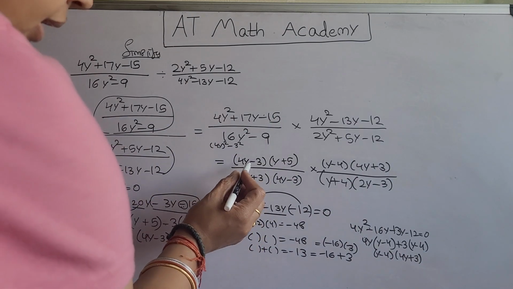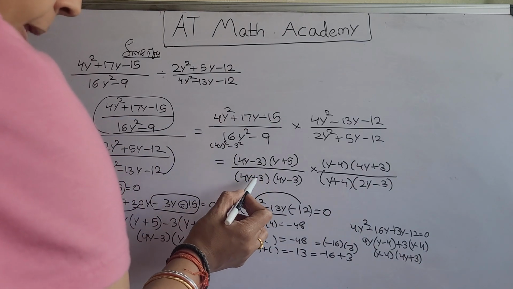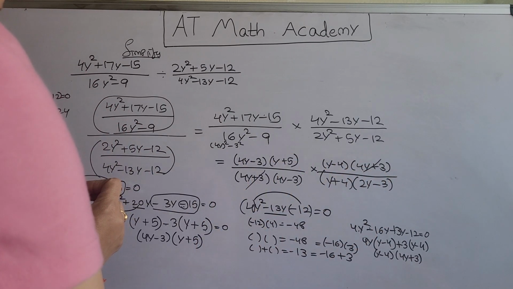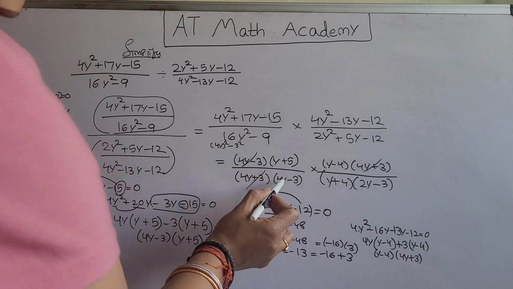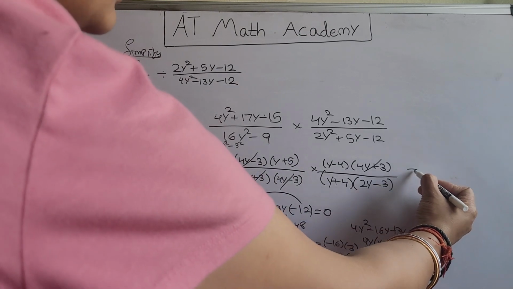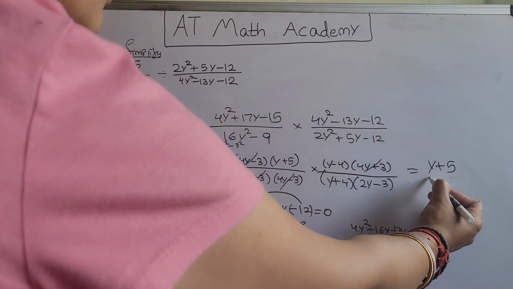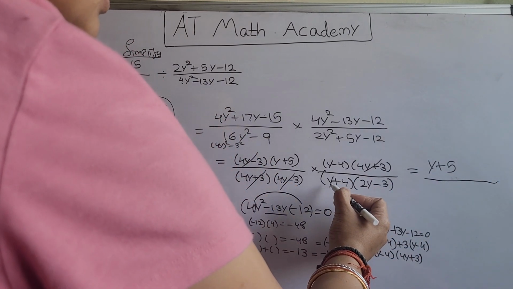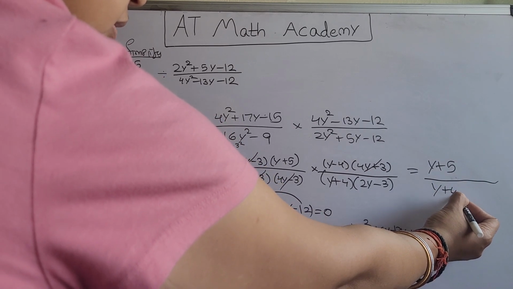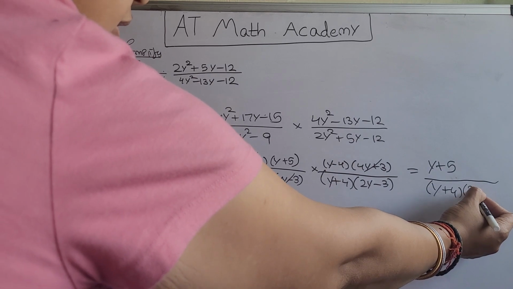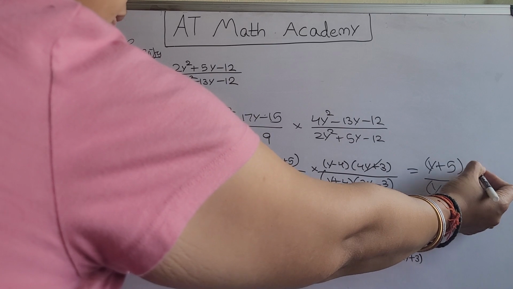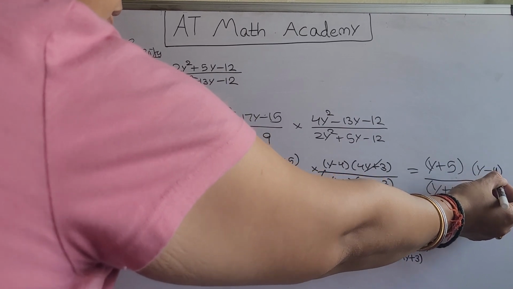Now I have 4y plus 3 and 4y plus 3, which I can cross out, and I have 4y minus 3 and 4y minus 3, which I can cross out. I'll be left with y plus 5 by y plus 4 into 2y minus 3 into y minus 4.